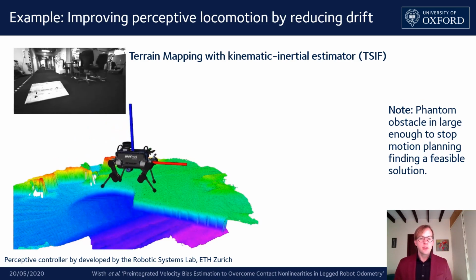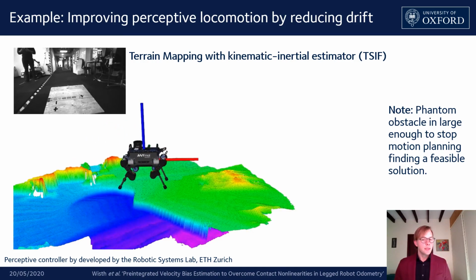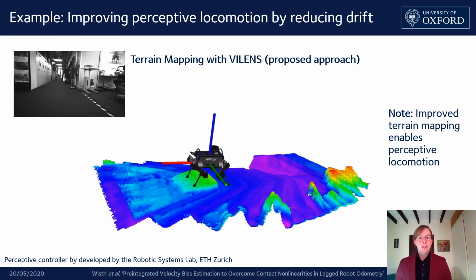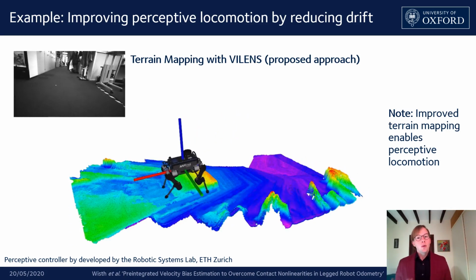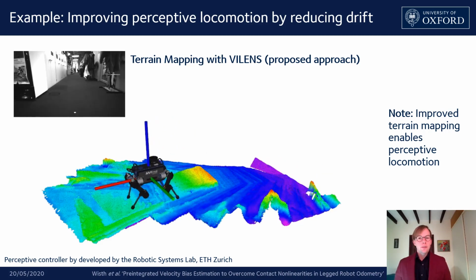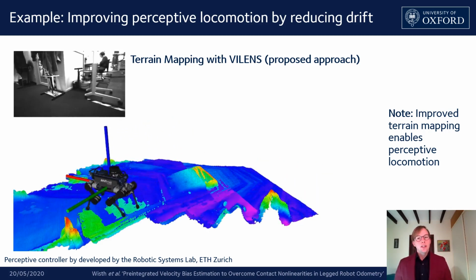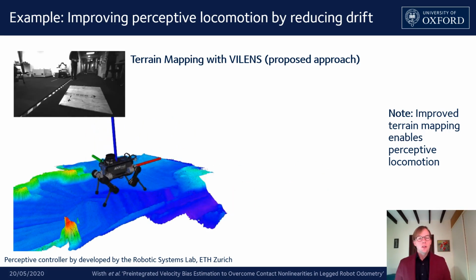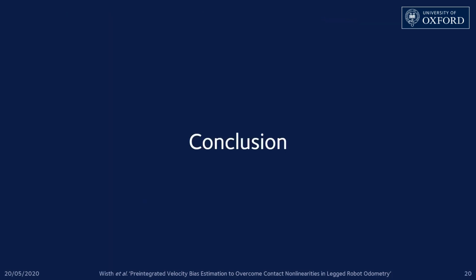This actually causes the perceptive controller to fail even when walking on flat ground. In contrast, by using VILENS and the proposed pre-integrated twist factors with bias estimation, we're able to achieve lower drift state estimation. In turn, we can achieve lower drift in the terrain map and thus improve the performance of the perceptive controller.